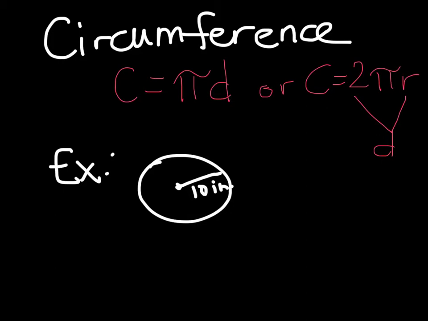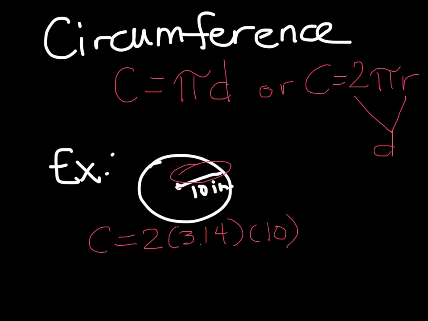So if I'm given this circle and I notice that I am given the distance of the radius, which is 10 inches, I can either do circumference equals 2 pi, we're going to use 3.14 times 10, or I could have just done this formula and just multiplied this by 2 to get the diameter and done circumference equals 3.14 times 20. Either one is fine. It doesn't matter how you write it. You're going to get the same answer.